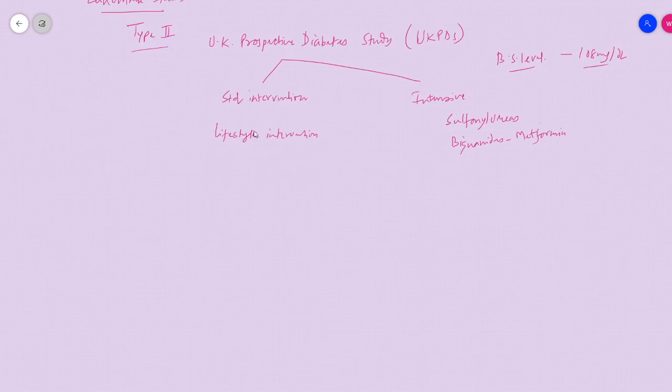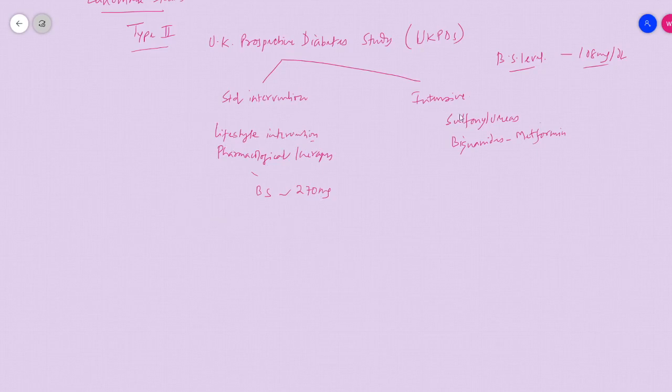It's decreasing body weight, exercising, having appropriate food. In our lecture here, we're not going to focus on that. Lifestyle intervention and pharmacological therapy. Therapy was instituted if the blood sugar level was above 270 milligram. If it was less than this, there was no intervention, only lifestyle interventions were given.